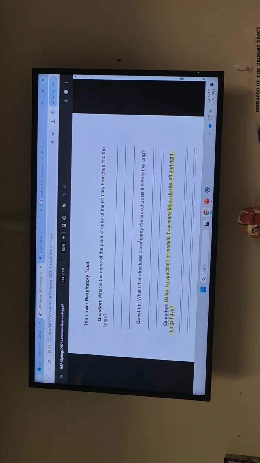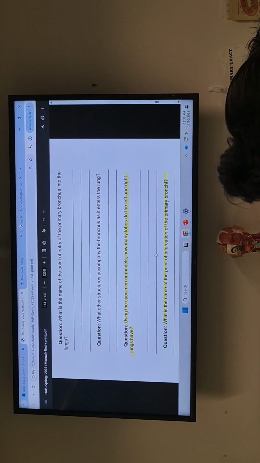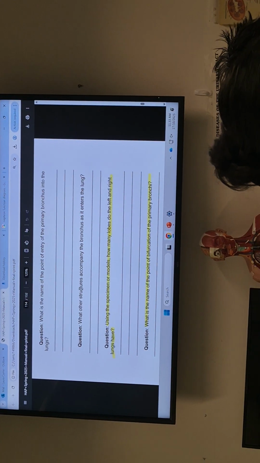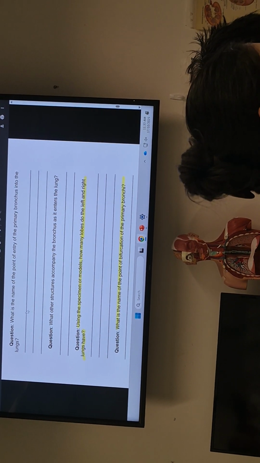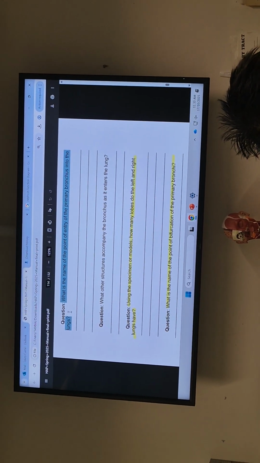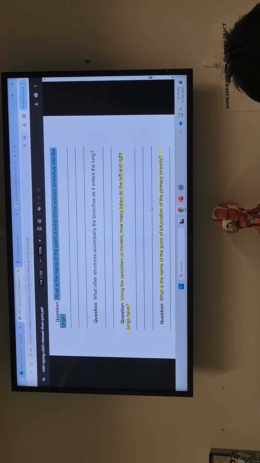Okay, alright, so that's another really important point. You need to be able to distinguish, very similar to the kidney one, the name of the point of entry of the primary bronchus into the lung versus the point of bifurcation, because people get this wrong.